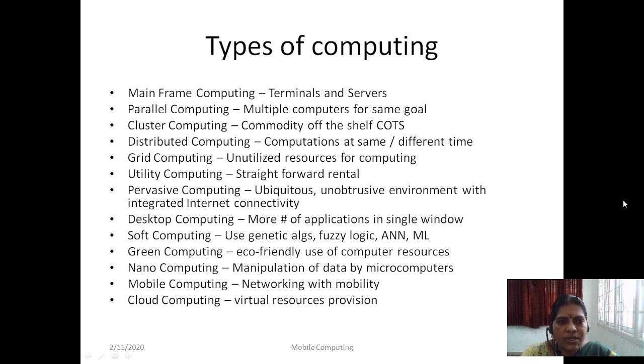After that, cluster computing came into existence. In clusters, we make use of commodity off the shelf, in short COTS, C-O-T-S. Whenever we come across any kind of evolution, the technology grows each and every day.